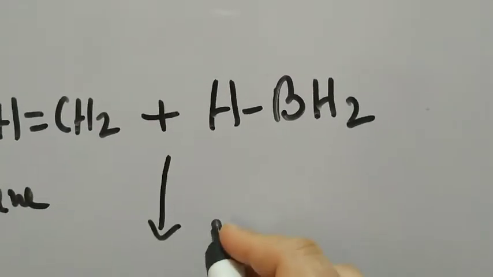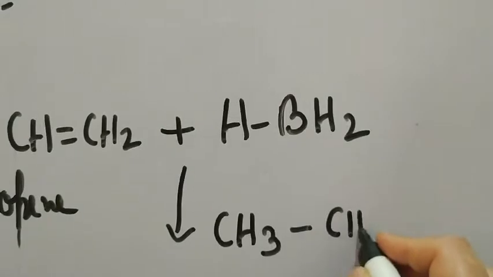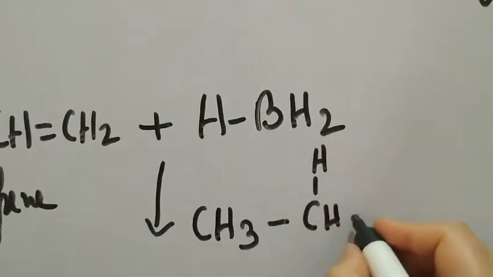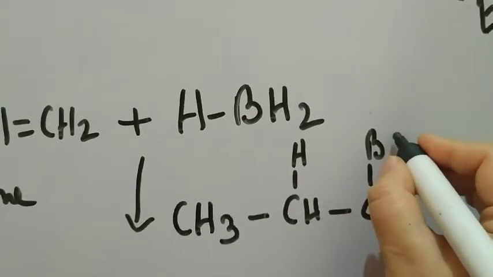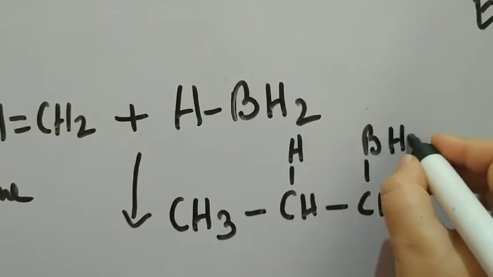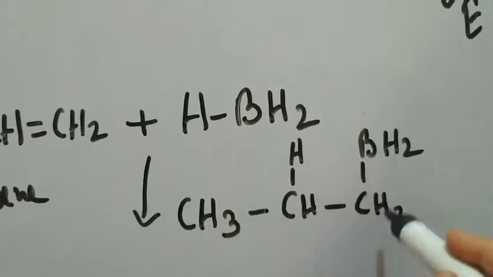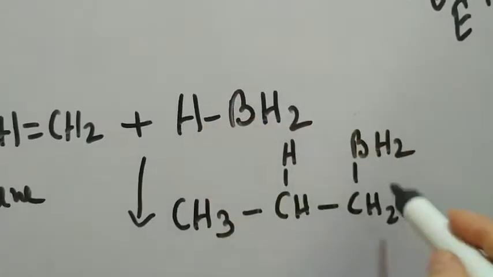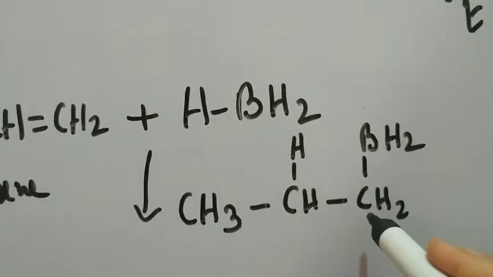In the first step what we get is CH3 CH CH2 BH2. So BH3 loses one hydrogen atom, and both the parts are linked around the double bond. H went to one carbon, BH2 went to the other.